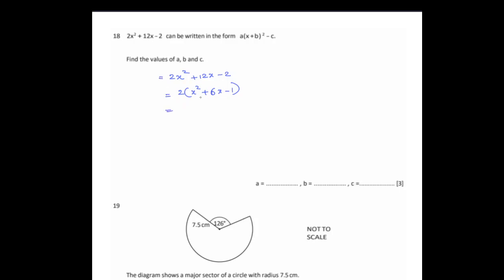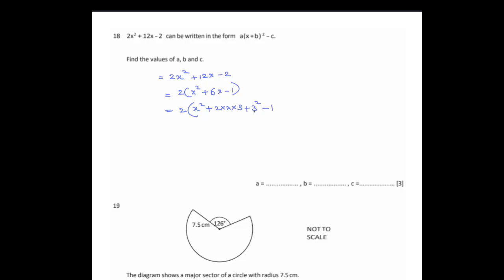Now try to make these terms into the form of x plus something whole square. So x square plus 2 into x into 3 will be 6x. 2ab plus, now b is 3 here, so write 3 square. There is no 3 square, but you need to write 3 square here and put minus 1 as it is.